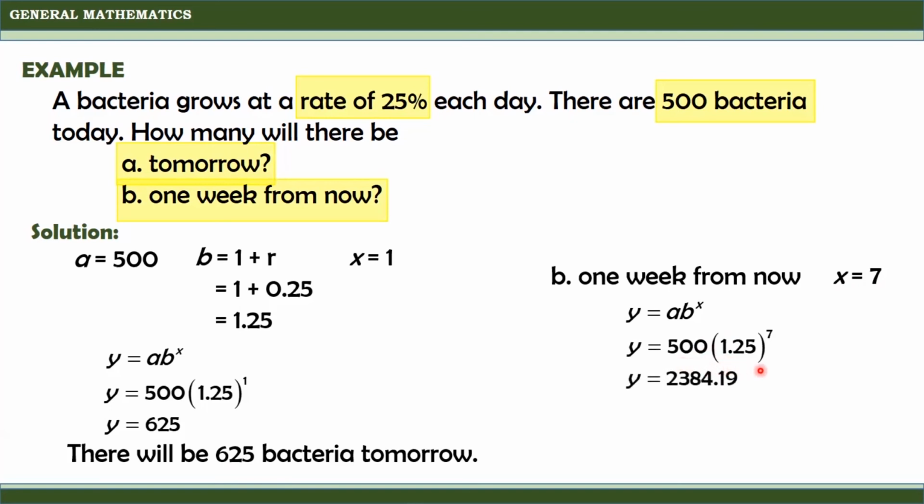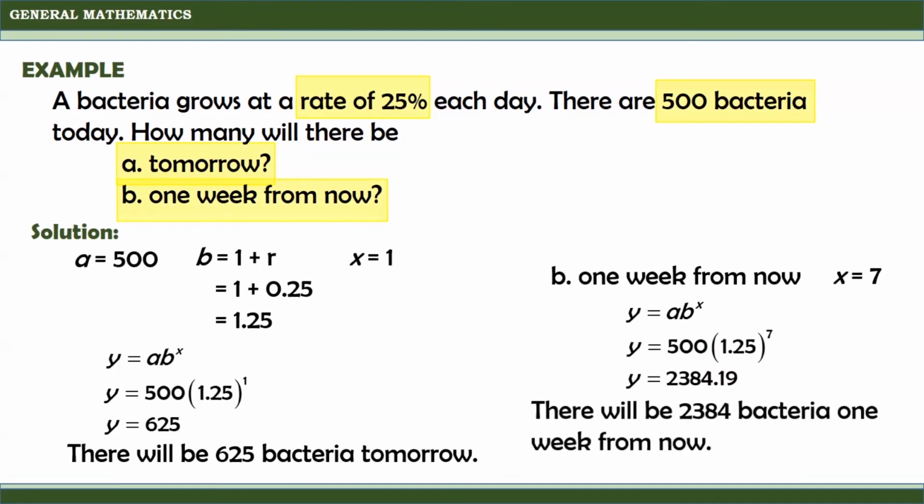When we multiply this, we will have 2,384.19. But since we were asked of how many bacteria, there is no 0.19 bacteria. Therefore, there will be 2,384 bacteria 1 week from now.